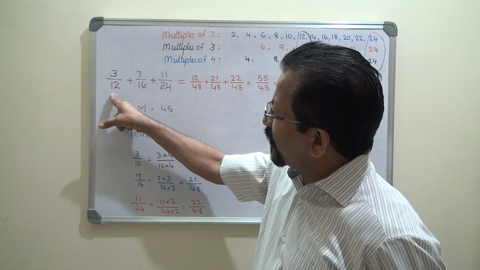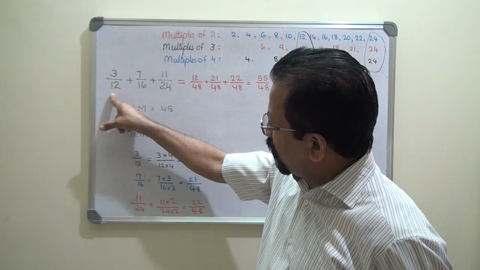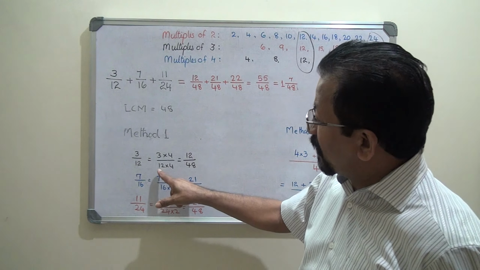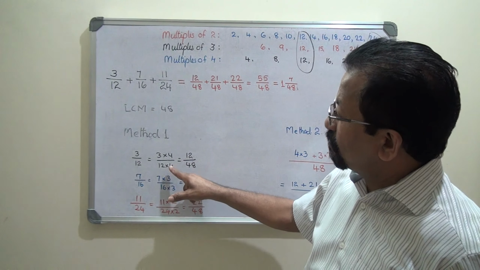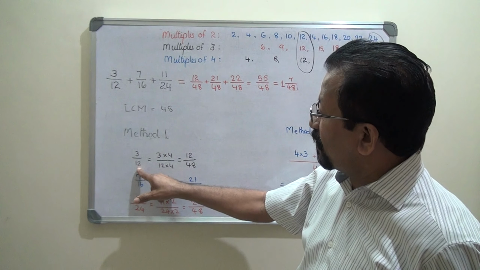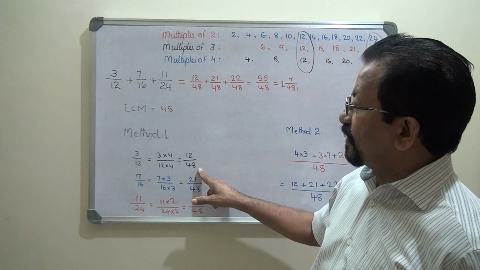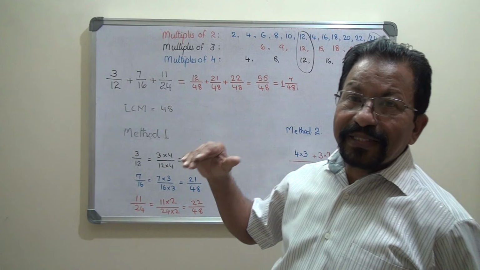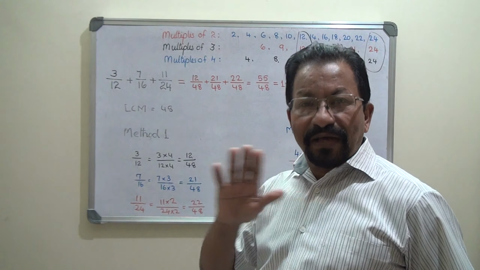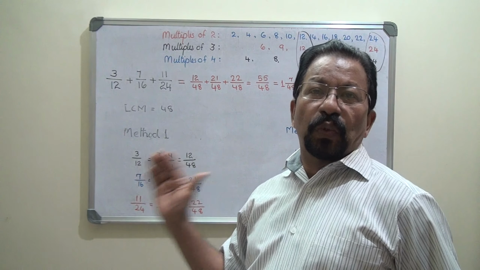To make this 48, what do you have to do? 12 should be multiplied by 4. So when you are multiplying the denominator by 4, multiply the numerator also by the same number. That means 3 by 12 is equal to 12 by 48. The rule is, if you are multiplying the numerator and the denominator of a fraction with the same number, the value will not change. That is the mathematics rule.